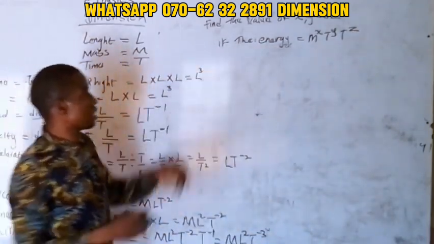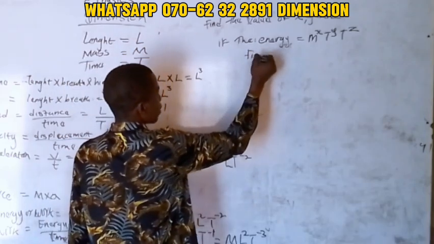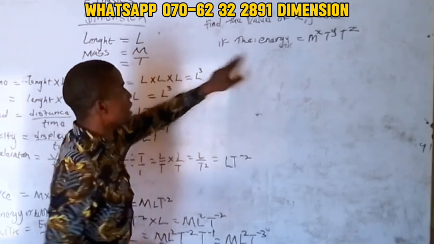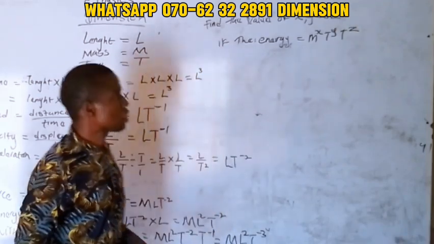They will give you like this. They will say, find the value of x. If this equals this, how can we find this?